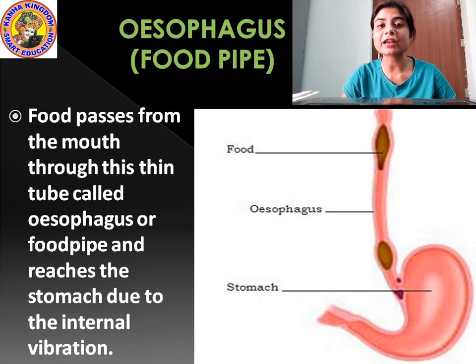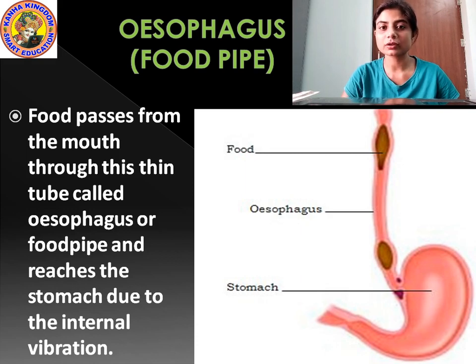There is some kind of vibration going on inside our body. When we eat, we don't feel it, but there is some vibration that keeps going inside our body. Due to this internal vibration, the food that we eat passes through the food pipe into the stomach. Can you see the picture of the food pipe? Understood?